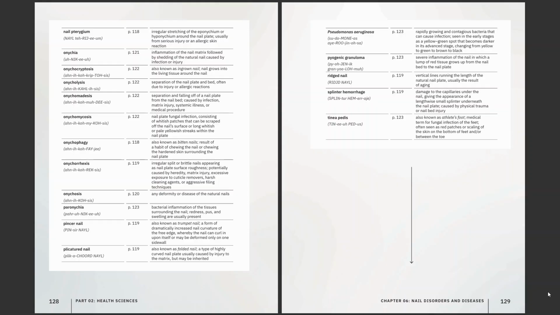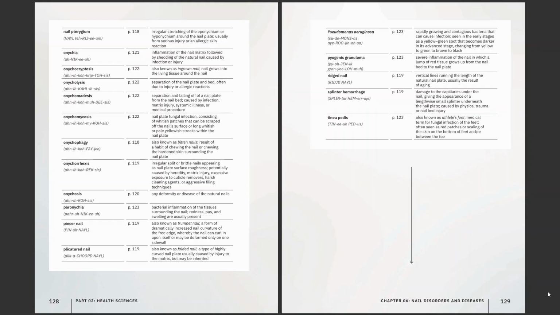Onychomycosis: nail plate fungal infection consisting of whitish patches that can be scraped off the nail plate surface, or long whitish or pale yellow streaks within the nail plate. Onychophagy, also known as bitten nails: result of a habit of chewing the nail or chewing the hardened skin around the nail plate.